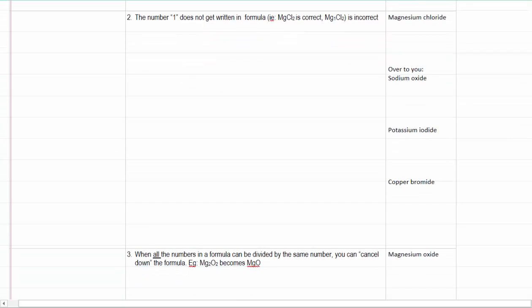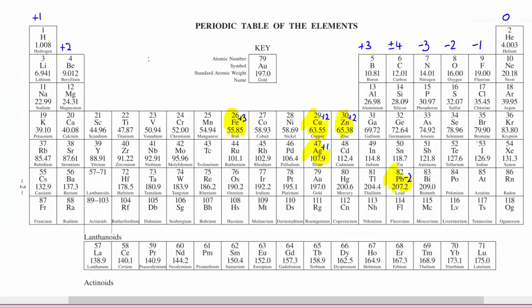Okay, rule number 2 is that if one of the numbers is 1, it doesn't get written down. Okay, let's see how that works. So the first example we've got there is magnesium chloride. Okay, magnesium's over here, valency +2, and chlorine's over here, valency -1.